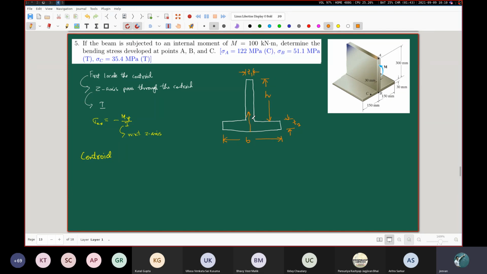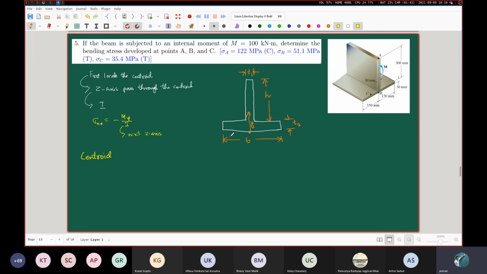The y coordinate is pointing upward like this with reference to this bottom base, so that we will end up finding the y coordinate of the centroid. Suppose you take the z coordinate along this direction.